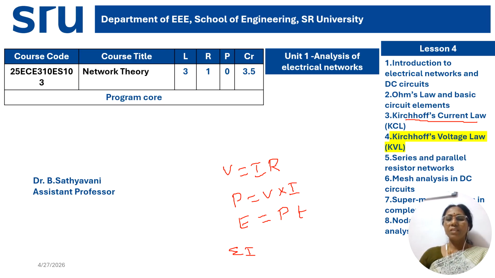At a node or junction we apply Kirchhoff's current law. So these three topics we discussed earlier. Now today we are going to discuss Kirchhoff's voltage law with example problems.